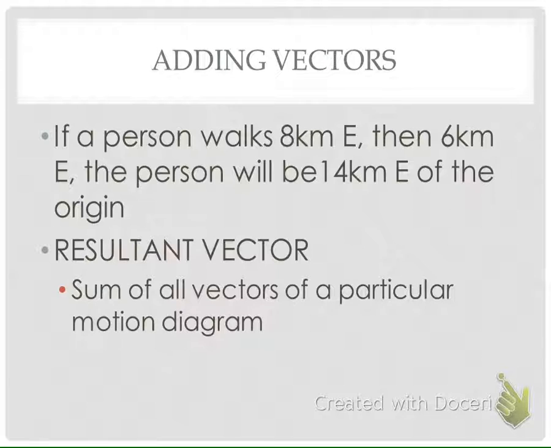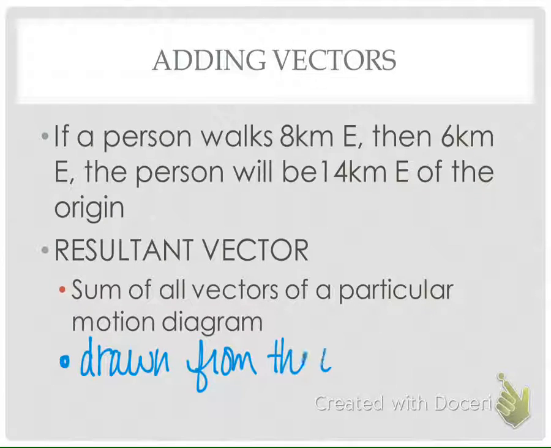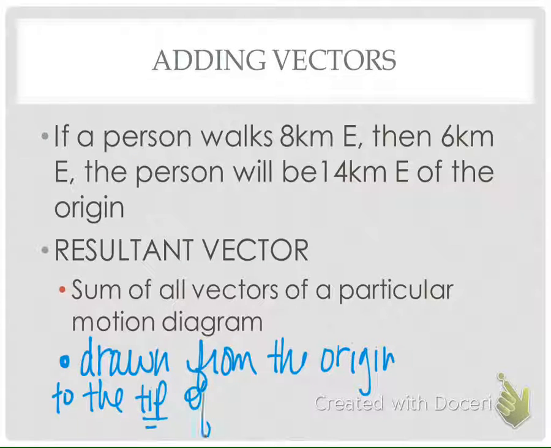And what I want you to know about the resultant vector, I didn't write it here, but I want you to write this down. Okay, it's always drawn from the origin to the tip of the final vector.